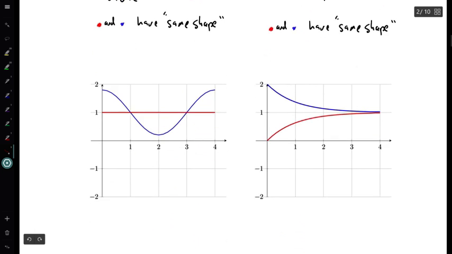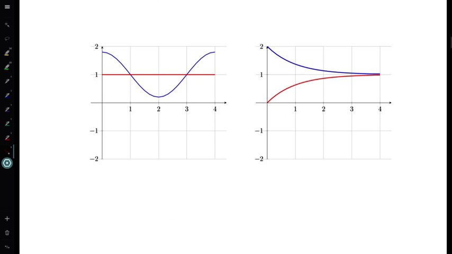Let's see if we have a couple more ways to develop some intuition here. These functions maybe seem like they're not so far apart. We have some kind of distance here, and some kind of distance here, and some kind of distance here. But it seems that regularly they're at least getting close together.